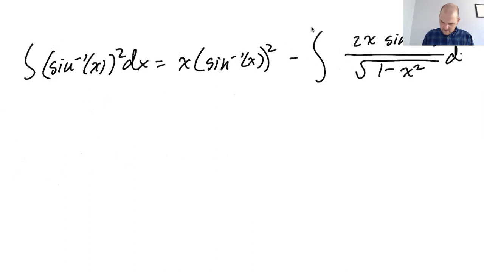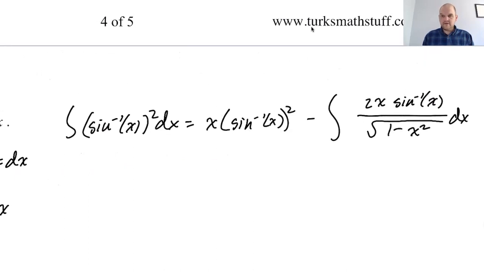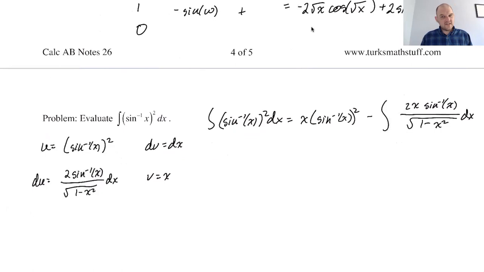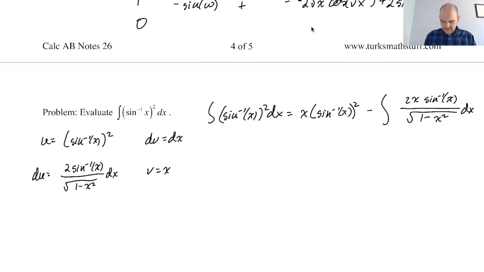So this actually doesn't look as bad as I was expecting, because if I keep things in the family and make another integration by parts problem where I make u equal arcsine, I can definitely integrate the 2x over radical 1 minus x squared, because that's almost perfect.